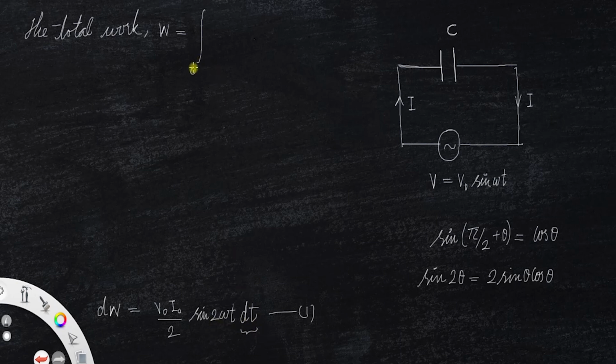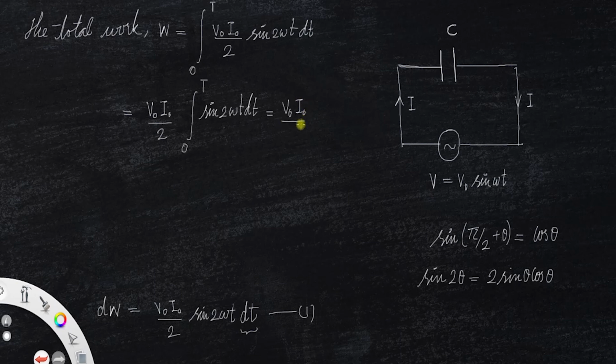So limit 0 to the complete time period T, V0 I0 by 2 sine 2 omega t dt. All these, V0, I0 and 2, are constants, so I can take them out. V0 I0 by 2 integral 0 to T sine 2 omega t dt.